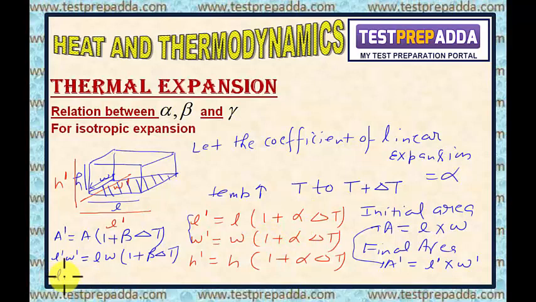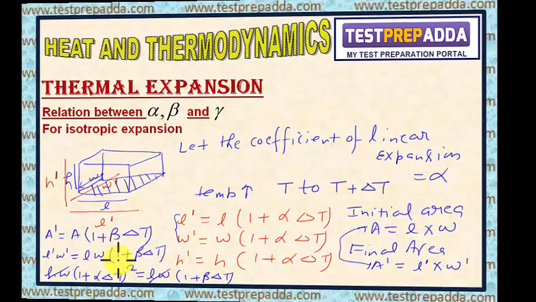So it will be L into W into 1 plus alpha delta T squared is equal to L into W into 1 plus beta delta T. Here LW will get cancelled.